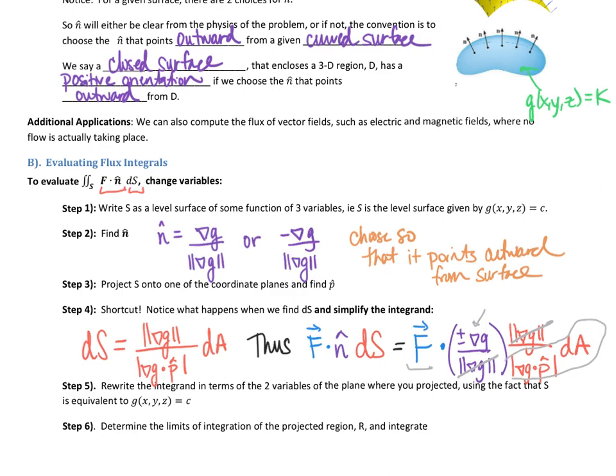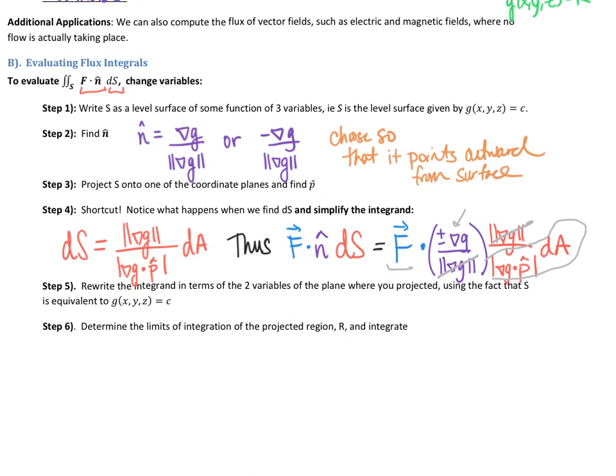So then, as you recall, there are still some steps. We still have to rewrite the integrand just in terms of 2 of the 3 variables and determine the limits of integration based on the region you've projected.